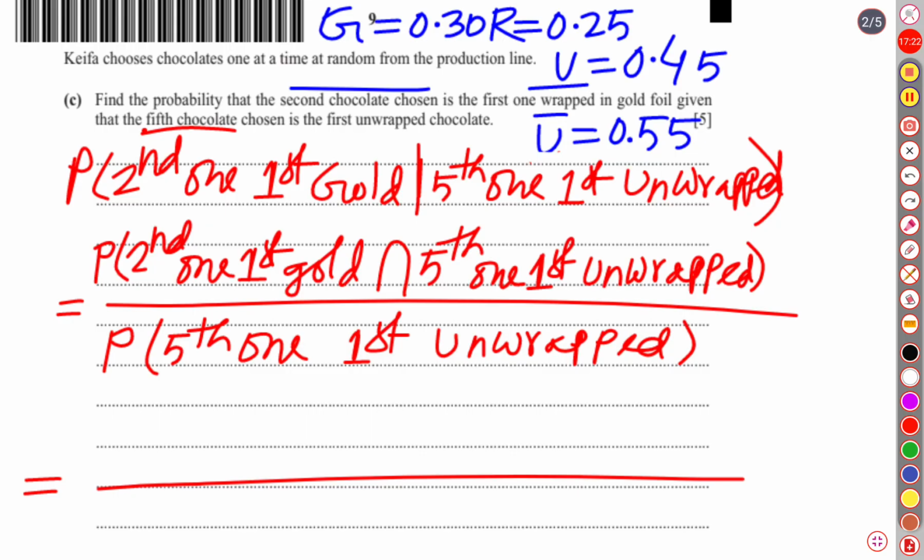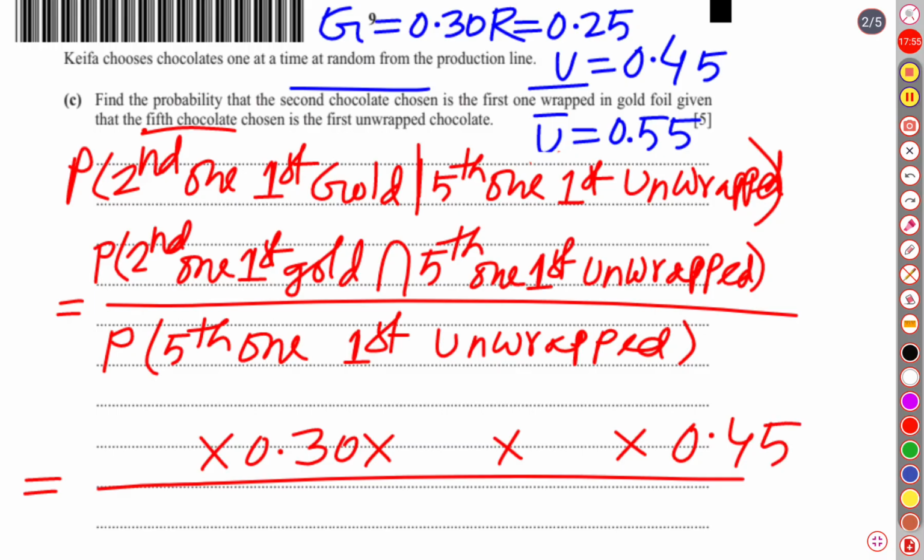There will be a total of 5 chocolates, 1, 2, 3, 4, 5. The second one is gold, probability 0.3. And the fifth one is the first unwrapped, so the probability is 0.45.